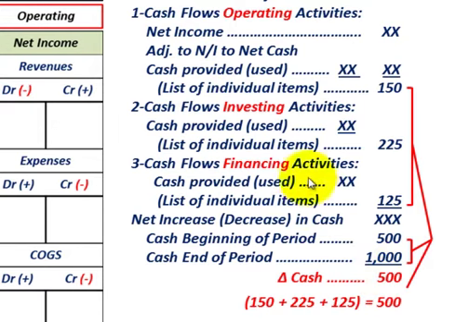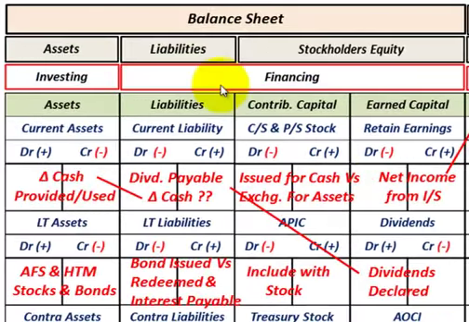Okay, so that'll summarize our discussion on the cash flow for financing activities, and we just had a basic overview. Let's go back and look at our template again. Our cash flow from financing activities falls on our balance sheet under the liabilities the company assumes, and also the stockholders' equity, either as contributed capital, capital being contributed to the company, versus the earned capital.